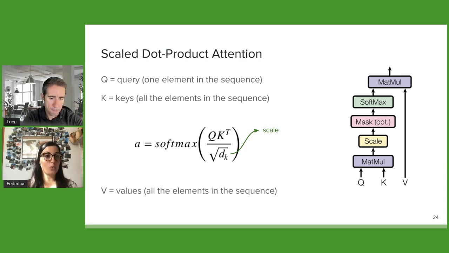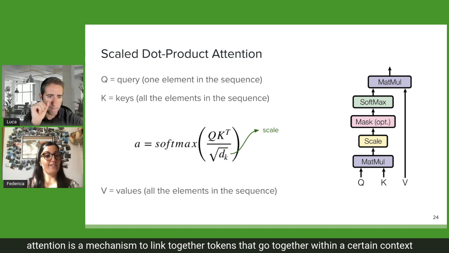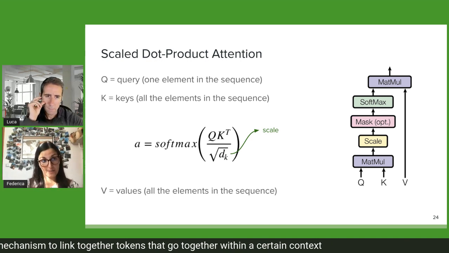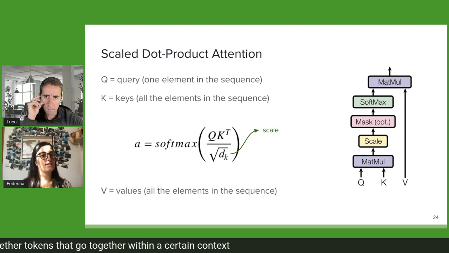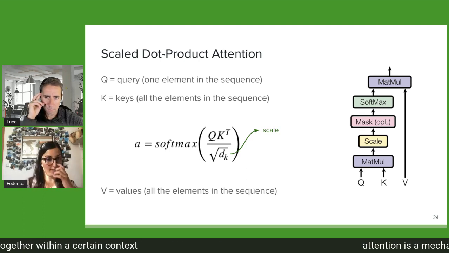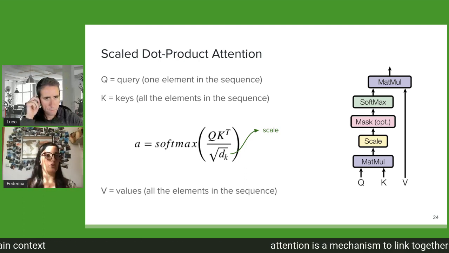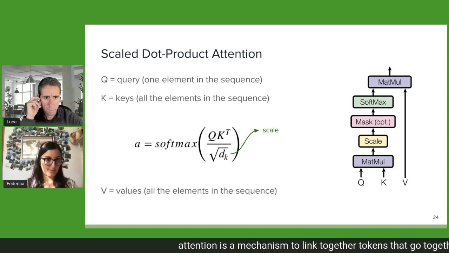Q is the query matrix, and it is the vector representation of one element in the sequence. So the word pen, okay? Here we have its vector representation, obviously added up with its positional encoding. Then we have the matrix of keys, which instead represents all the elements in the sequence. So we have the whole sentence.